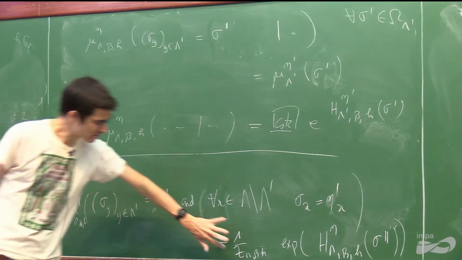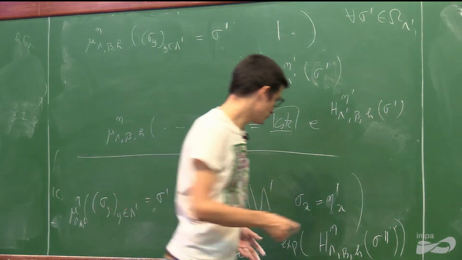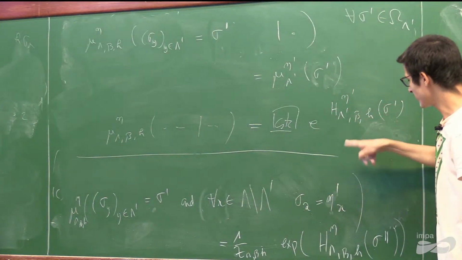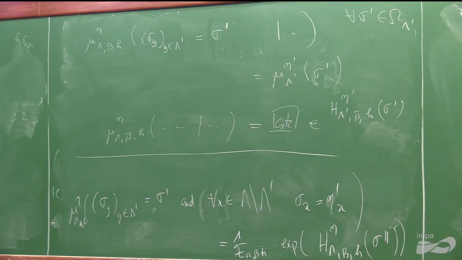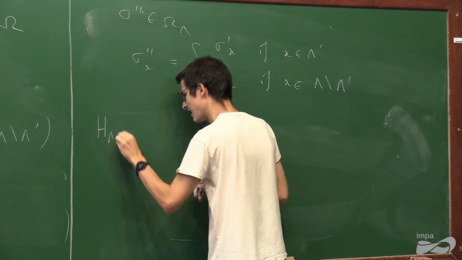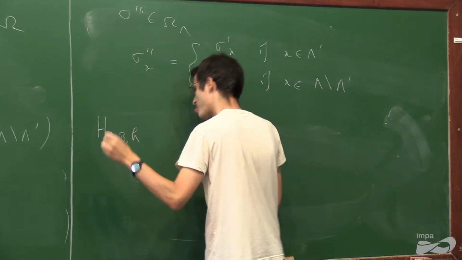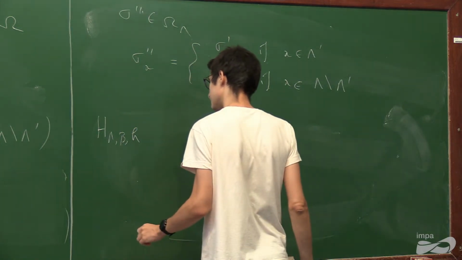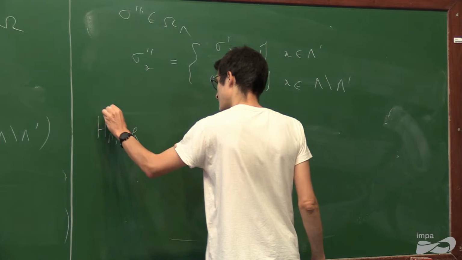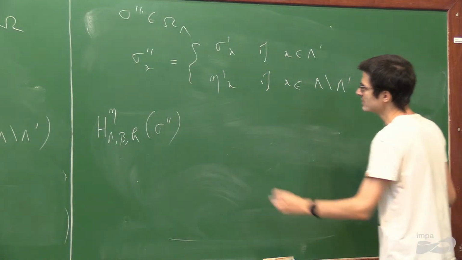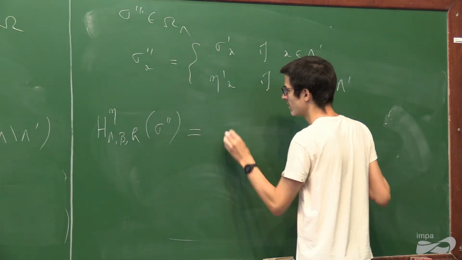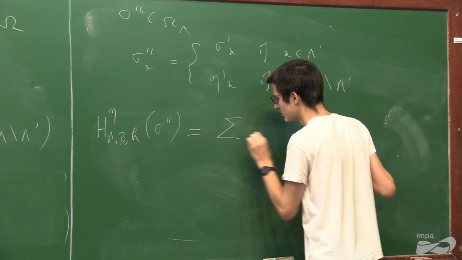Now I can forget about the prefactor, and I want to extract this Hamiltonian, h lambda beta h eta of sigma second.